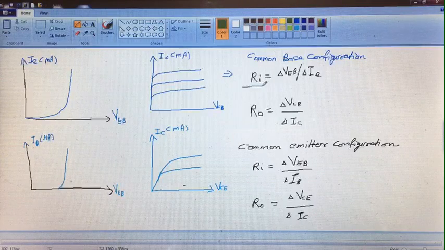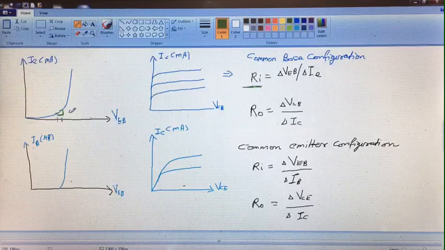This is our input, and this is dynamic. Dynamic means that suppose we increase the voltage from this region to this region and the current increases from this point to this point. So this is the change in current and this is the change in voltage.